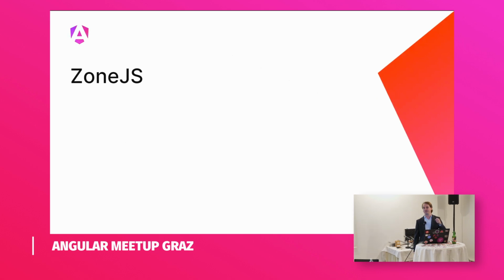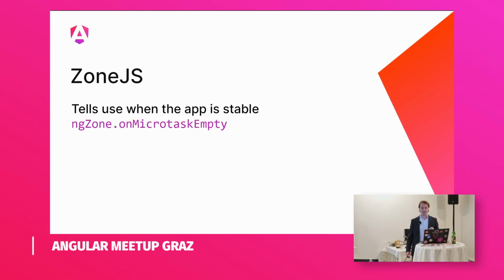You probably heard of it, probably had a nightmare with it. But basically, Zone.js tells Angular when the app is so-called stable. So nothing is happening, you can update the application. And for this, we have an observable that we can listen on, onMicrotaskEmpty, and when it fires, Angular knows the app is stable, we can trigger ApplicationRef.tick.